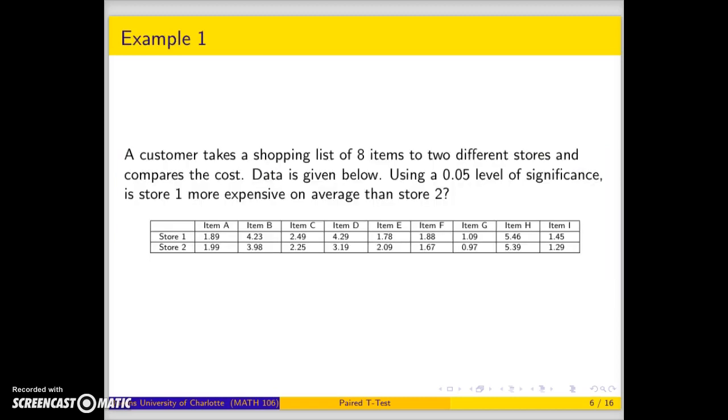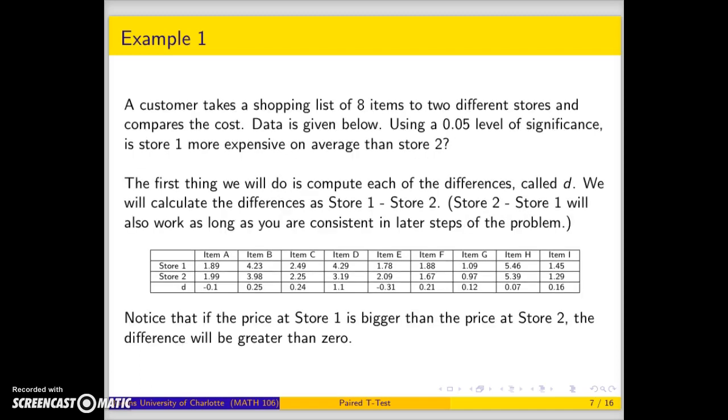So here's another example with shopping lists to different stores, and we're comparing the cost. And we want to know whether store one is more expensive on average than store two. Well, the way we conduct this test is that we compare the difference. So we compute the difference by saying store one minus store two.